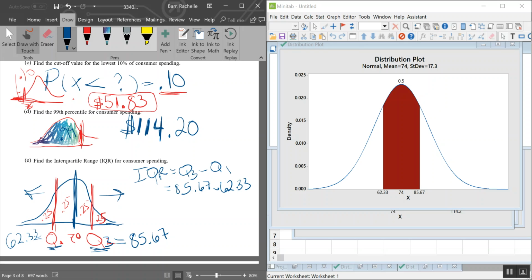Wow, that came up so much worse the next time. My bad. My apologies. So I'm calculating this right now, 85 minus 62, and that comes out 23.34. That looks horrendous. I should have typed it.